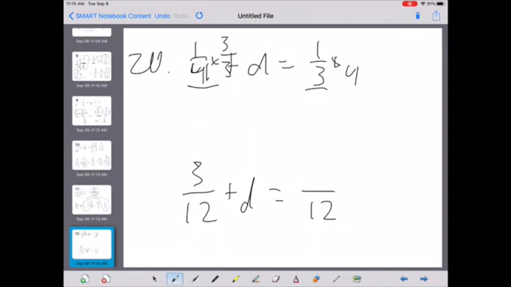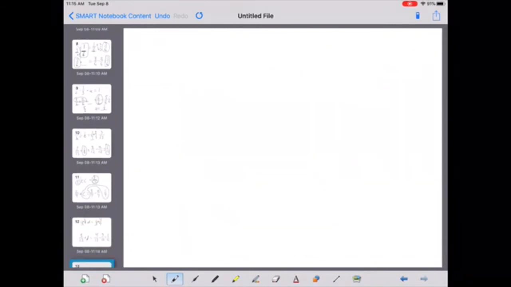It equals, how did I get from 3 to 12? I multiplied by 4. 3 times 4 is 12. Do it on the bottom, do it on the top. 1 times 4 is 4. My new problem is 3/12 plus D equals 4/12. Missing an addition, subtract, and get 1/12. D equals 1/12.